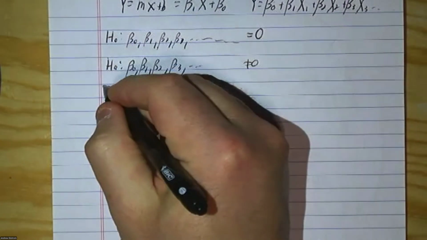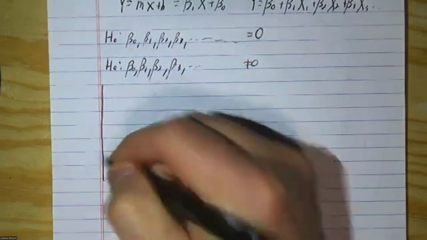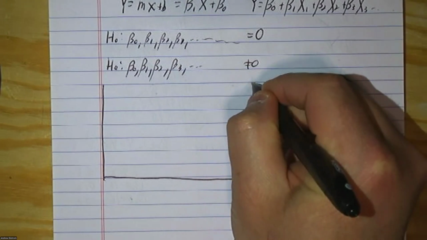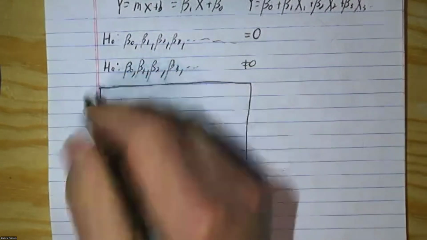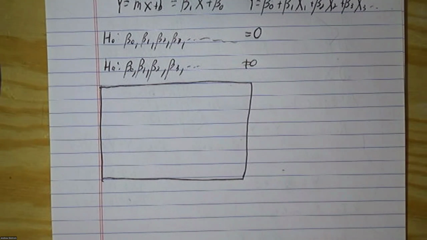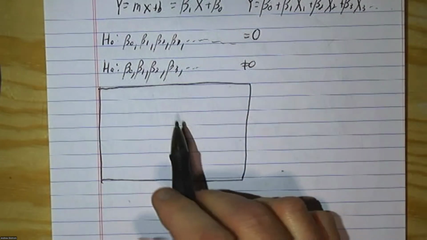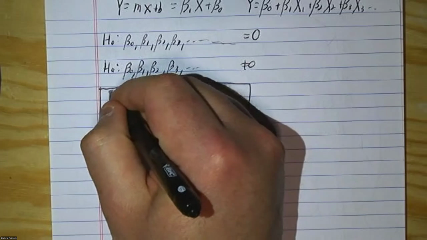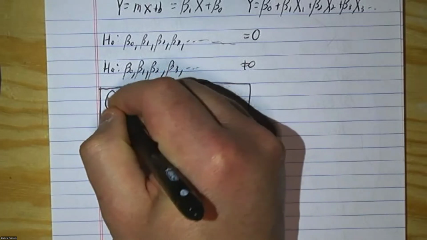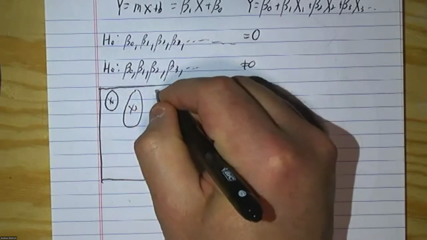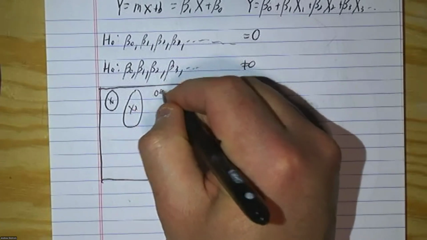What's going on here is, again, we've got the total variance of our data, let's say this big box. Every variable that we put into the model is going to take up some of that variance.